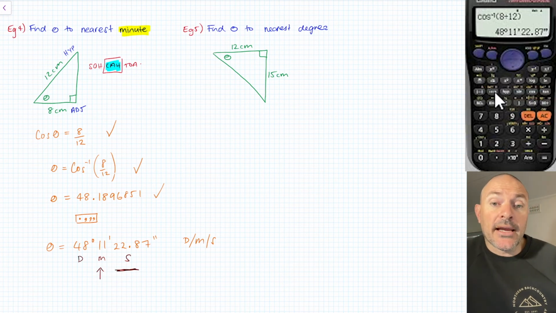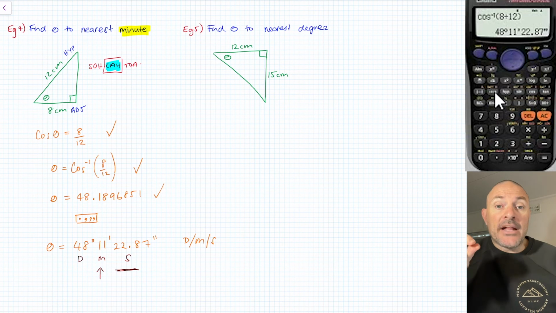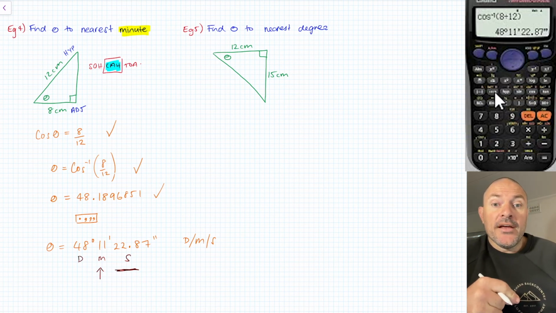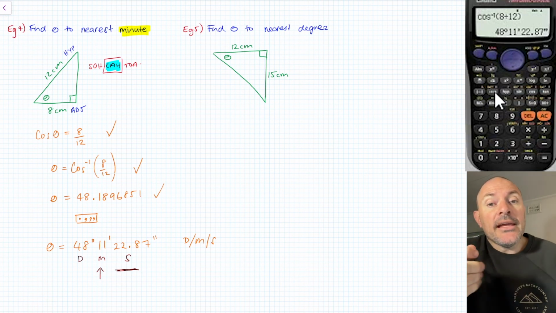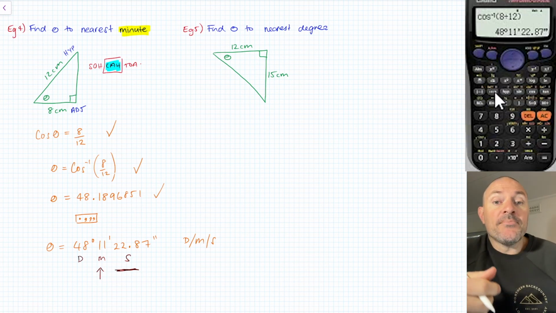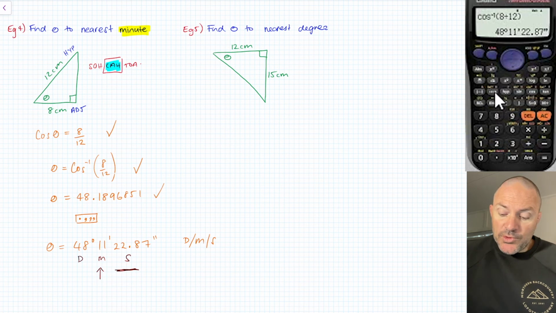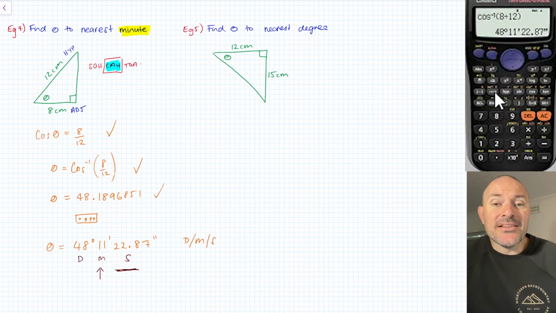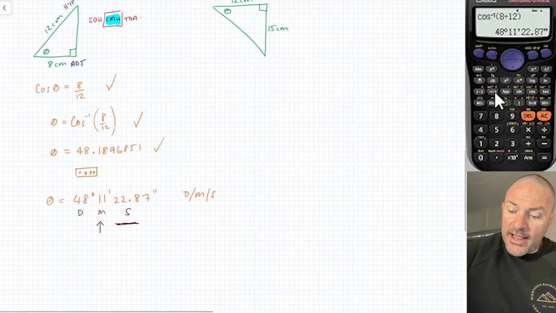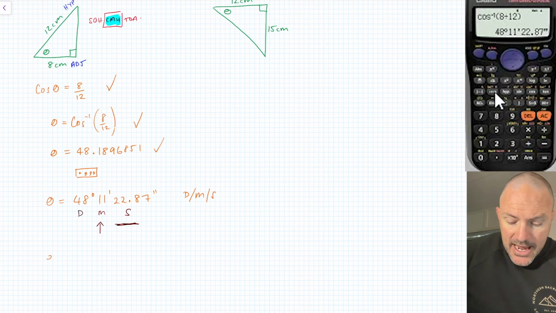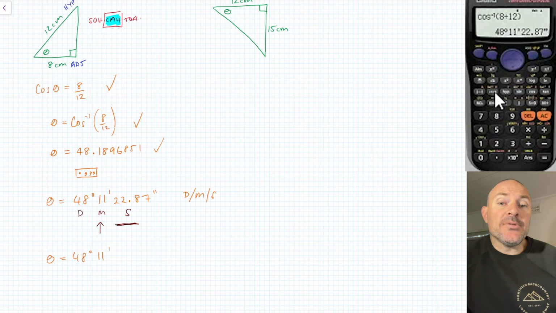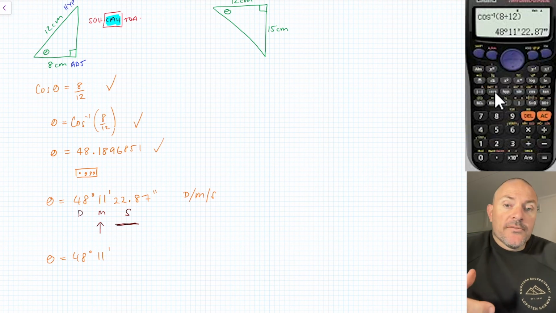Now, thinking about seconds and minutes, we know that the magic number is no longer 5, it's 30, right? Because half of a degree or half of an hour is 30 minutes, half of a minute is 30 seconds. Now, 22.87, well, that's less than 30 seconds, isn't it? So our answer will remain as 48 degrees and 11 minutes. If it was 30 seconds, it would go up to 12 minutes, okay?